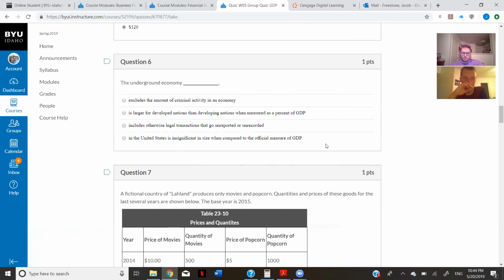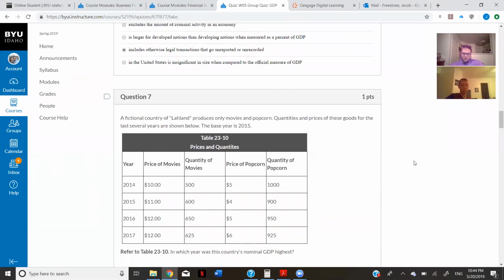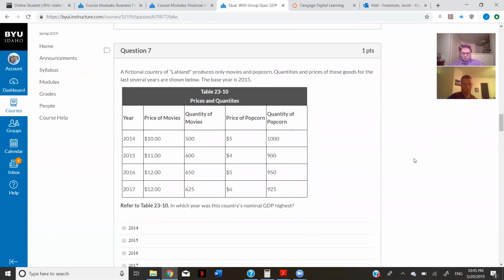So yeah, it would be C. Is that what you said? I put B, but we can put C. That's fine. I think I remember it being, if you pay someone under the table, normally if you were paying them properly, that'd be totally legal, but this is not because it's going unreported. Okay. All right, so C. Okay. Yeah, it's fine.